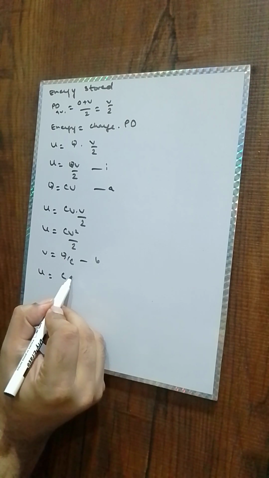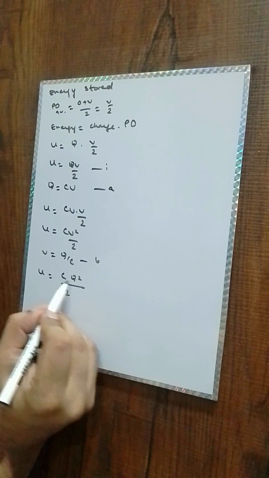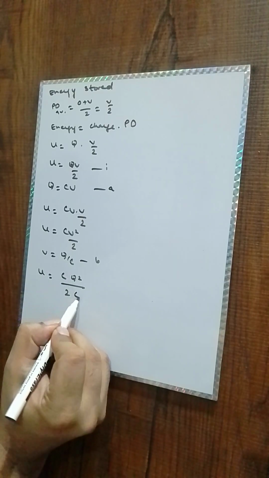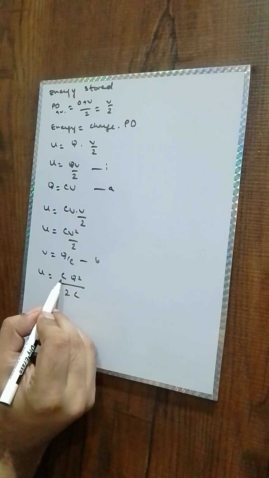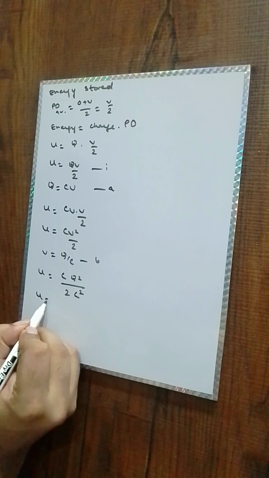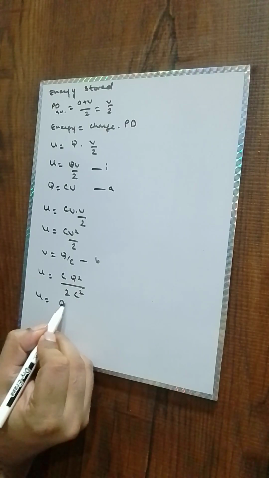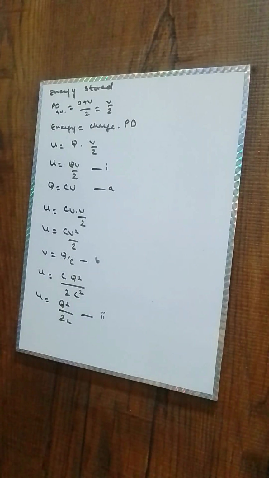U is equal to C into Q square by C square by 2, which gives us Q square by 2C.